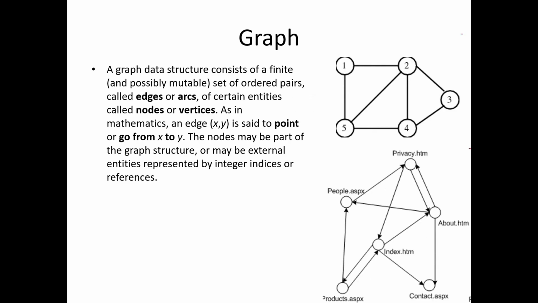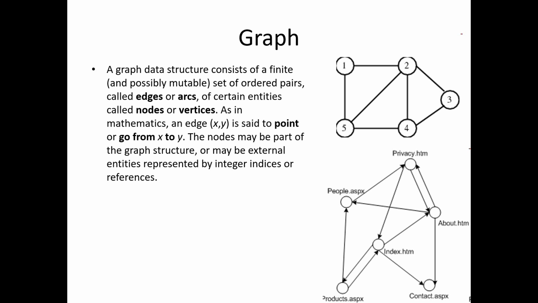So graphs are structures in which nodes are connected with each other, right? Every node can also be called a vertex, and the connections are called the edges or the arcs, right? As you can see, there are two graphs over there.